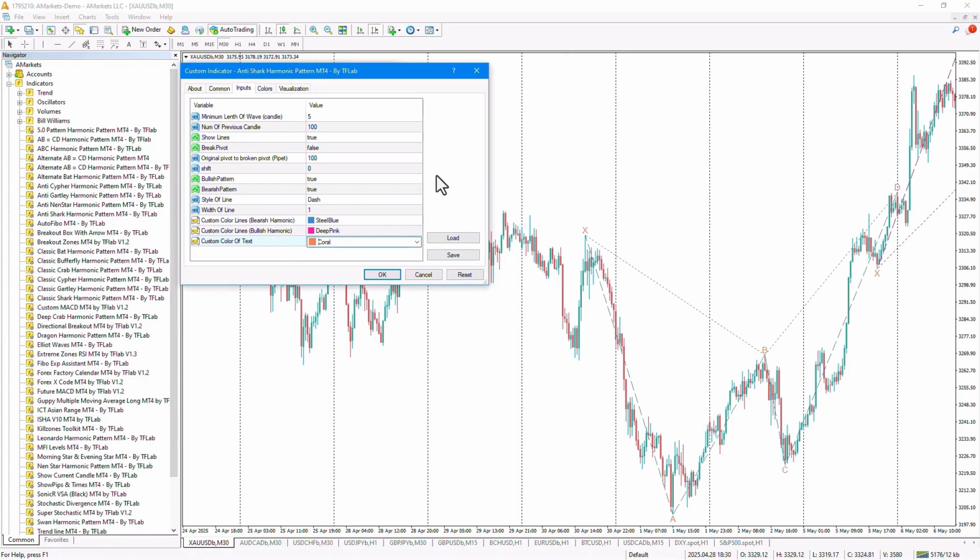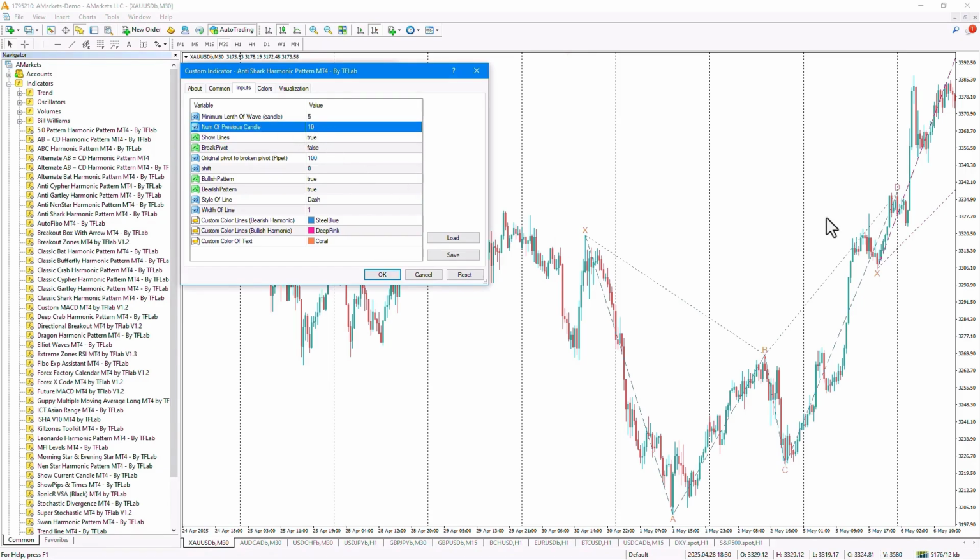One point to note here is regarding the MetaTrader 5 platform, where the first 2 options are different for us. In the second option, the calculation method is variable and is based on the pivot. In the MetaTrader 4 platform, this option is based on candles, meaning that from point D, 100 candles are examined backward to identify the Fibonacci ratio for point C, then again from C, 100 candles backward to identify point B, and from B to A, and from A to X. However, in the MetaTrader 5 platform, it is based on pivots.